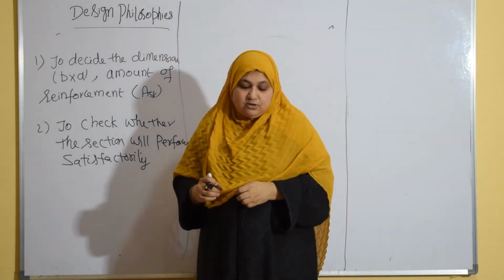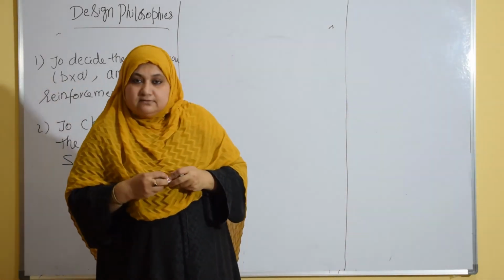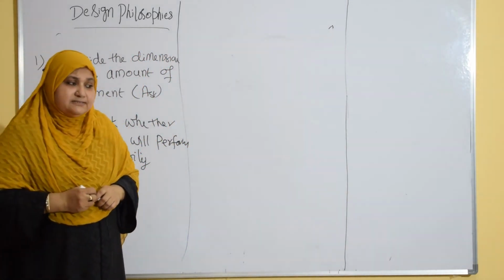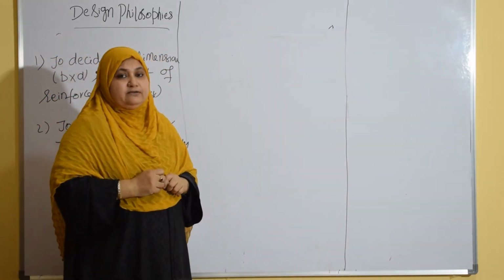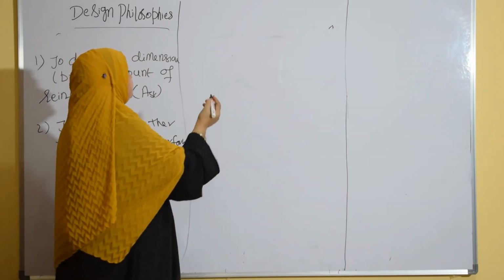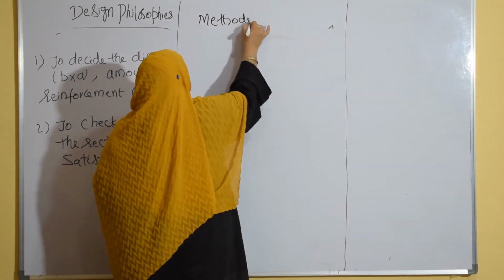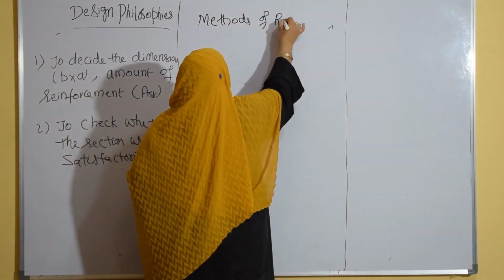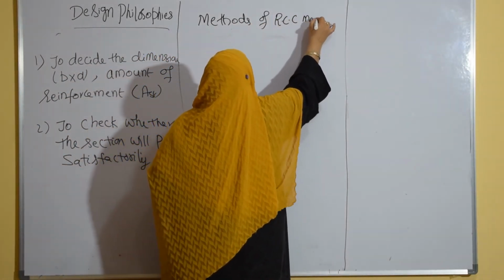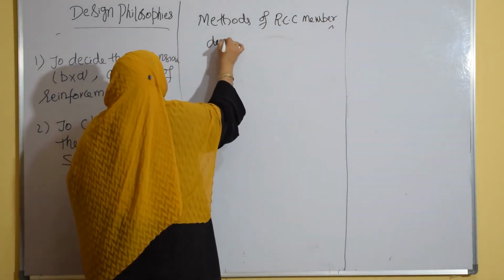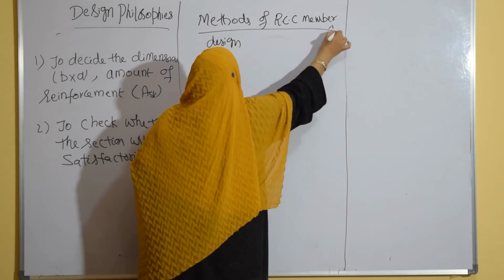So when you want to design RCC members, maybe it is a beam, maybe a slab, maybe a column, maybe a footing, we have to follow some methods, right? So, methods of RCC design, or simply methods of design.